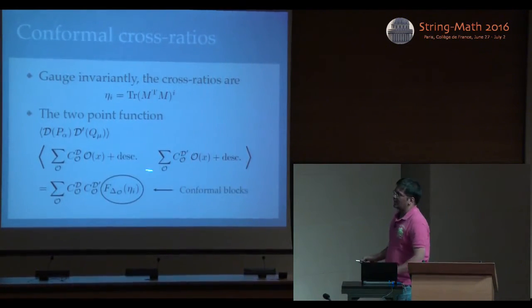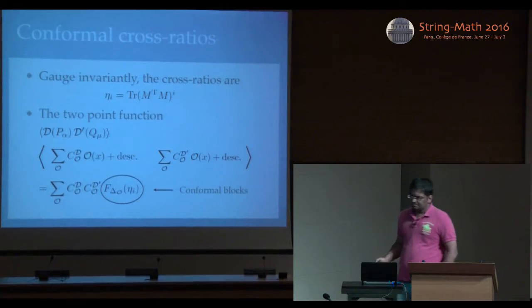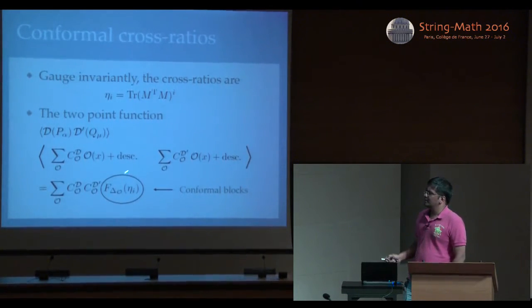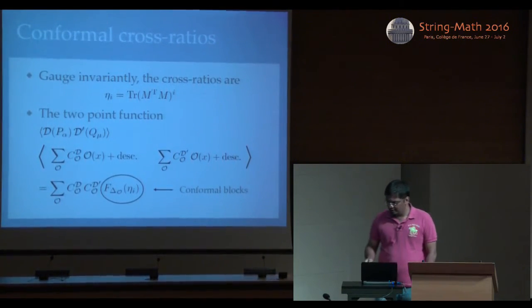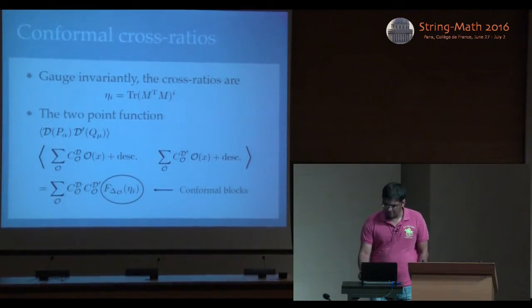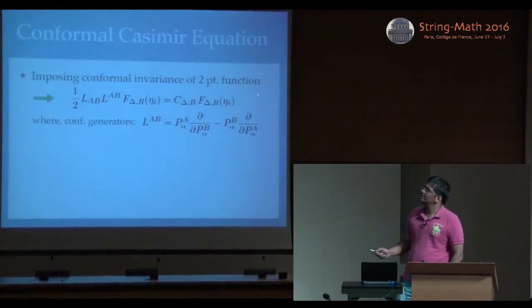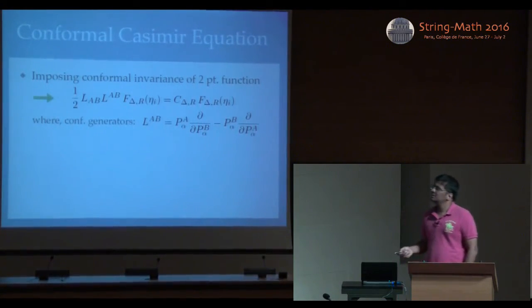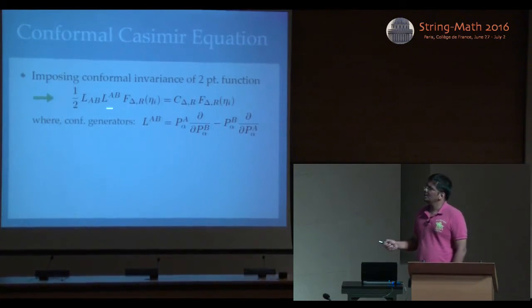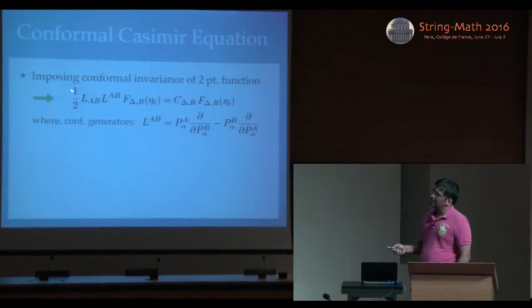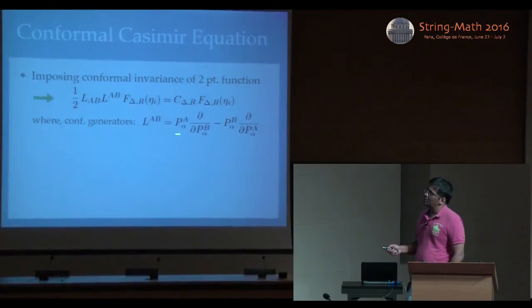This is known as the conformal block, and one can compute this by solving a differential equation, namely the conformal Casimir equation. So the way one gets it is by imposing conformal invariance of the 2-point function of defects, and this is the equation that the conformal block needs to satisfy, where these L_AB are the generators of the SO(d+1,1).